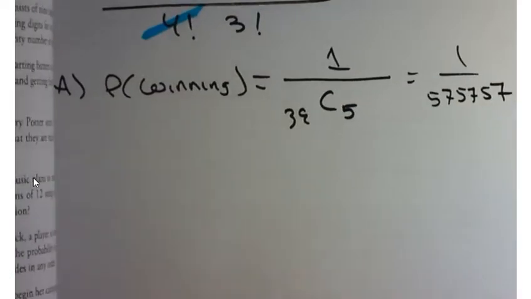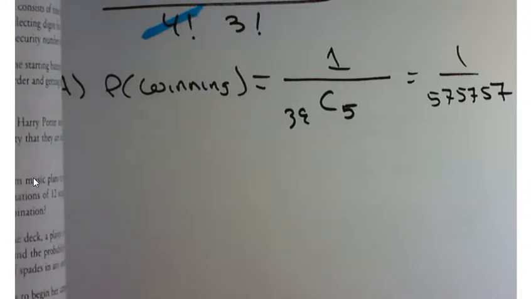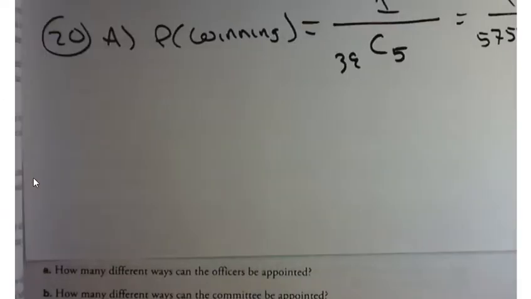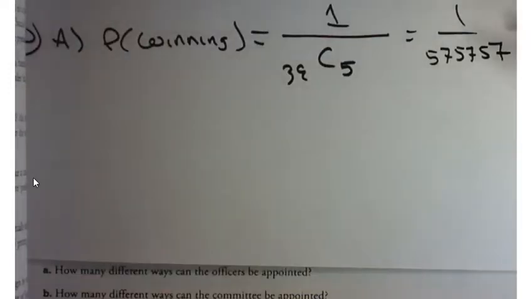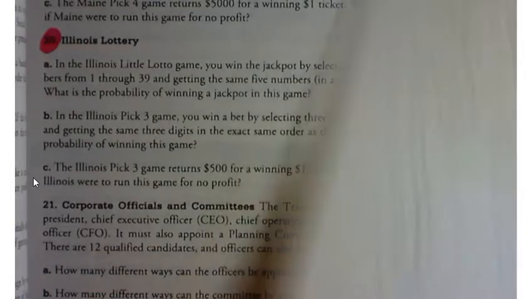So not too bad. Certainly better than your chances of winning the super lotto, which are really, really slim. But kind of fun to dream about what you're going to do with all that money. All right, so are you comfortable with the conclusion then that the order doesn't matter here? All right, that's good.